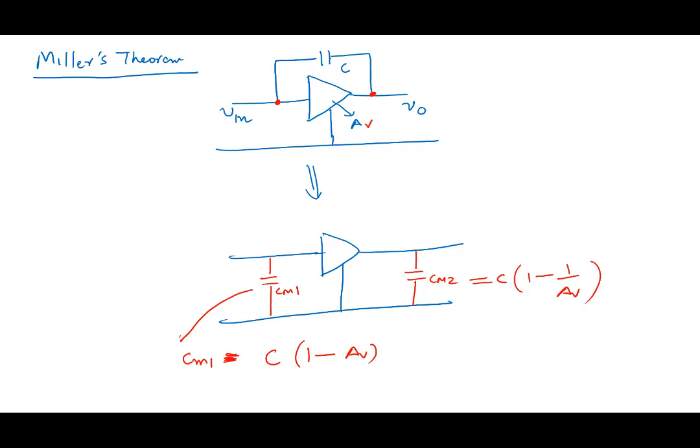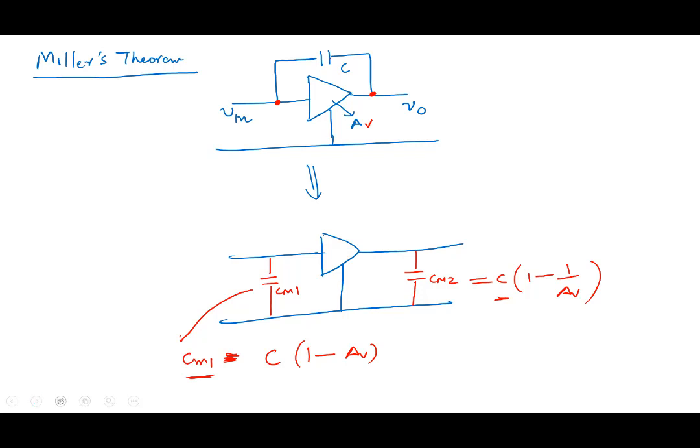It says that you can take this capacitor out and break it into two capacitors, one at the input, C(1 minus AV), the other at the output, C(1 minus 1 over AV).